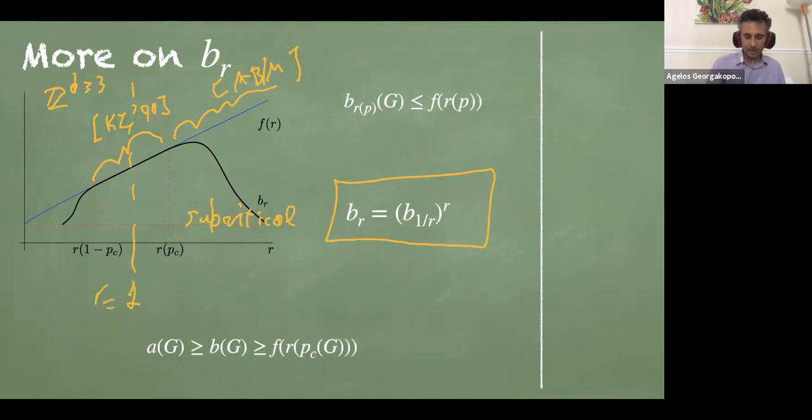And the values above 1 uniquely determine the values below 1 and the other way around. So by combining the equation in the box with the exponential decay that we know in the subcritical regime, we deduce the exponential decay in the supercritical regime. Okay, I realize this is a bit hard to follow. I'm mainly trying to give you a flavor.